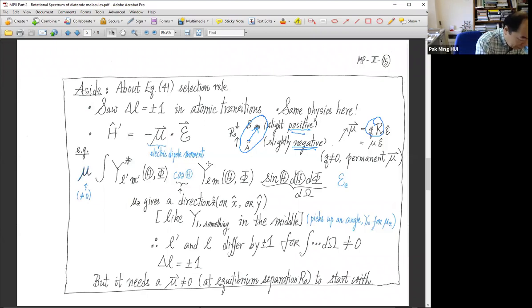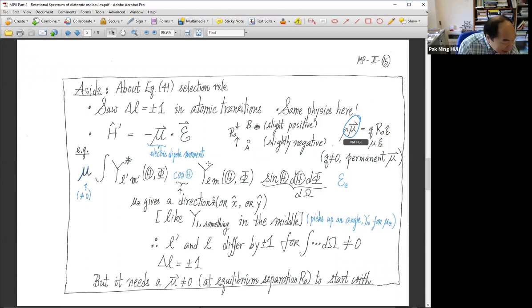Okay, so pay attention to this particular point. We assume the molecule in question has a permanent dipole moment. Okay, we need them to be different atoms to start with so that the electron will distribute unevenly, and then we will have this electric dipole moment.